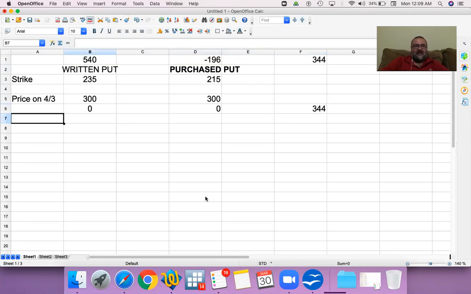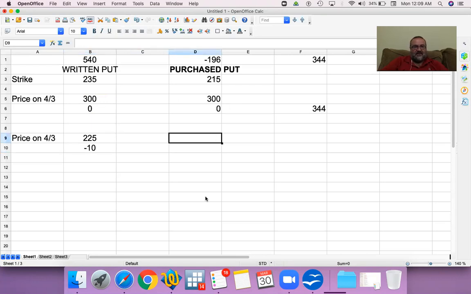However, if the price on 4/3 is, say, $225, then on the written put, we lose 225 minus 235, we lose $10.